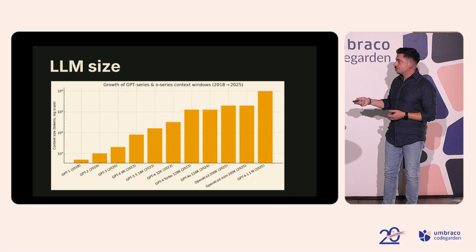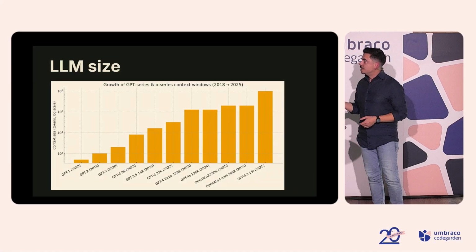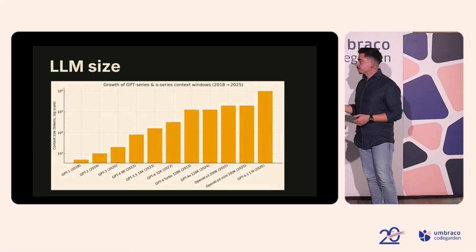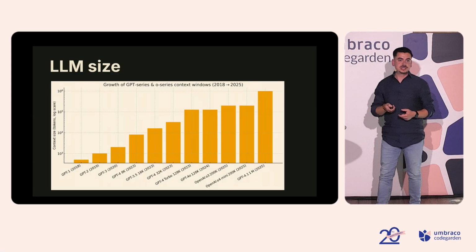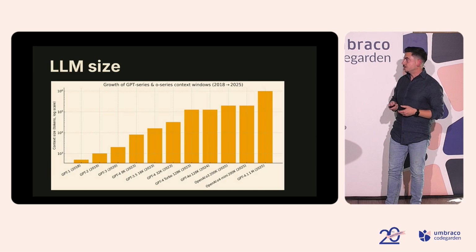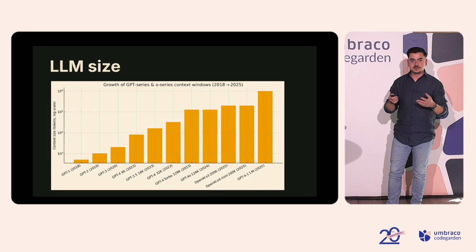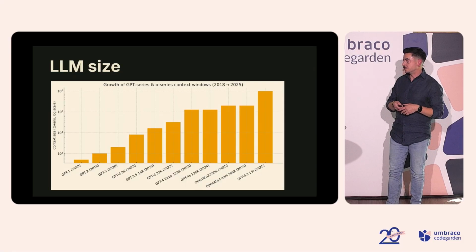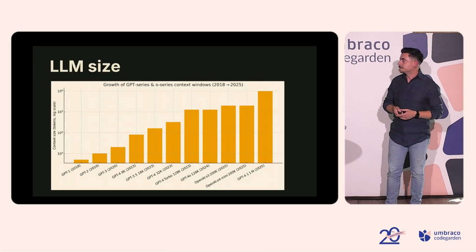But nowadays, it's growing quite big. It's going beyond 1 million. Gemini also provides a 1 million token length. GPT 4.1 is also estimated to have a 1 million token length.